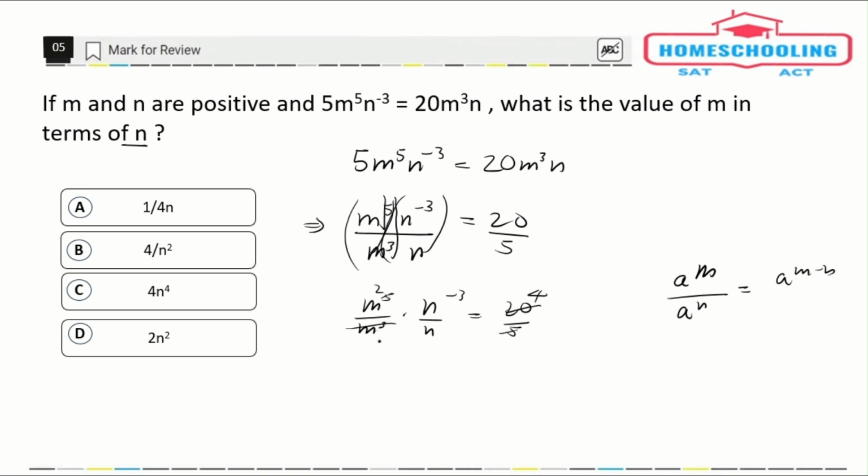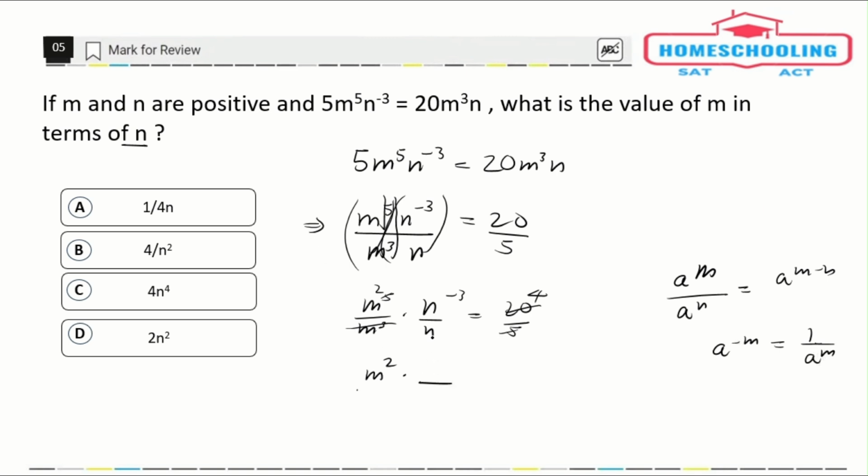So this can be m to the power 5 minus 3, that is m square. And there's one more rule, of negative exponent, that a to the power minus m is equal to the reverse, and the minus sign will be eliminated.